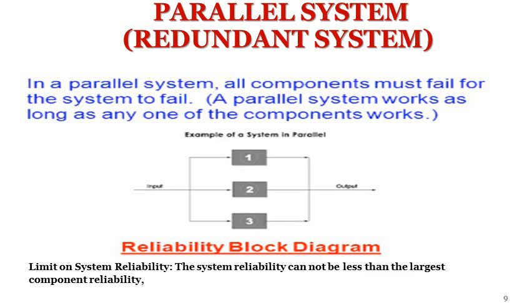Usually all 3 components will be the same, and as we said, if component 1 fails, it does not mean that the entire system has failed. If component 1 has failed, the system will work with the help of component 2 and component 3.